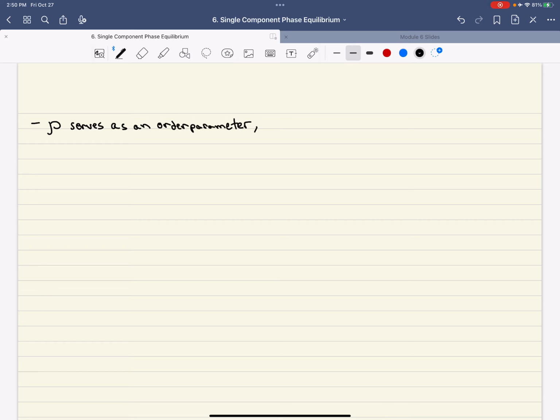And so an order parameter is just a term that is used in physics to describe an internal degree of freedom that governs the phase behavior of the system.